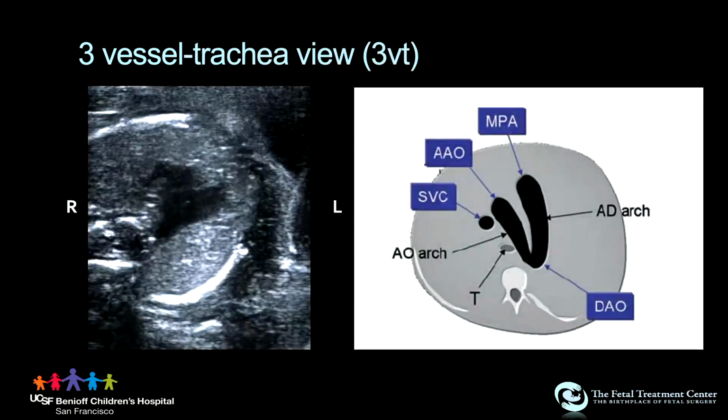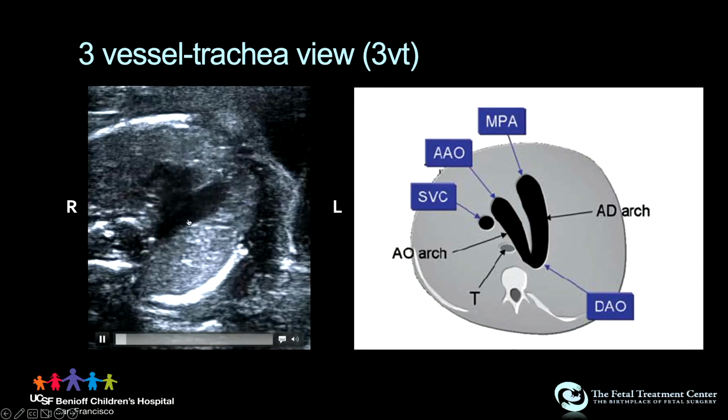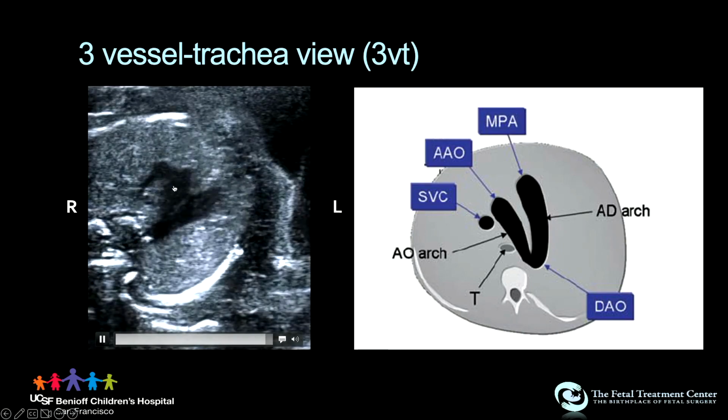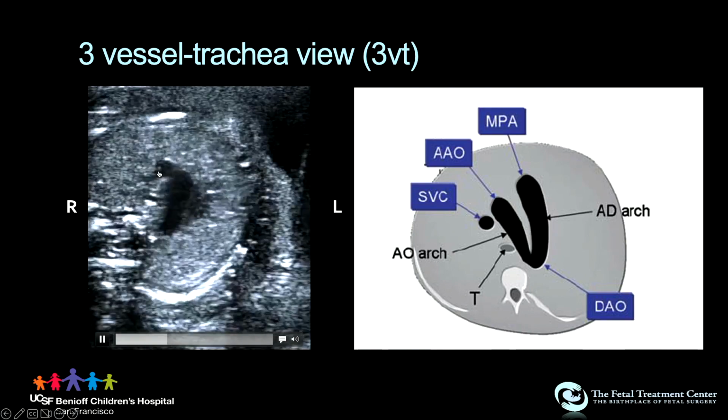Okay, so the three-vessel trachea view is also very helpful, and we heard this morning, this view demonstrates the ductal arch, as you can see here on the left, as well as the aorta, which are both traveling leftward of the trachea. This is this echo bright thing here in the middle, and then there's the superior vena cava on the right.